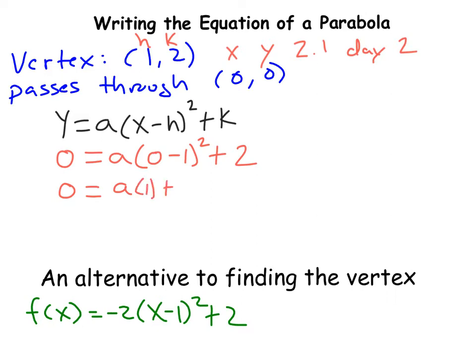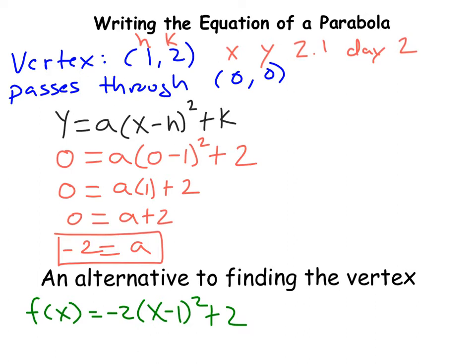Negative 1 squared is just 1. Subtracting 2 from both sides, I get that. Okay. A is negative 2.